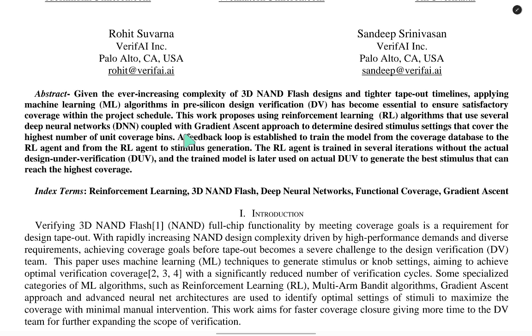A feedback loop is established to train the model from the coverage database to the RL agent, and from the RL agent to stimulus generation. The RL agent is trained in several iterations without the actual design under verification (DUV), and the trained model is later used in the actual DUV to generate the best stimulus that can reach the highest coverage.